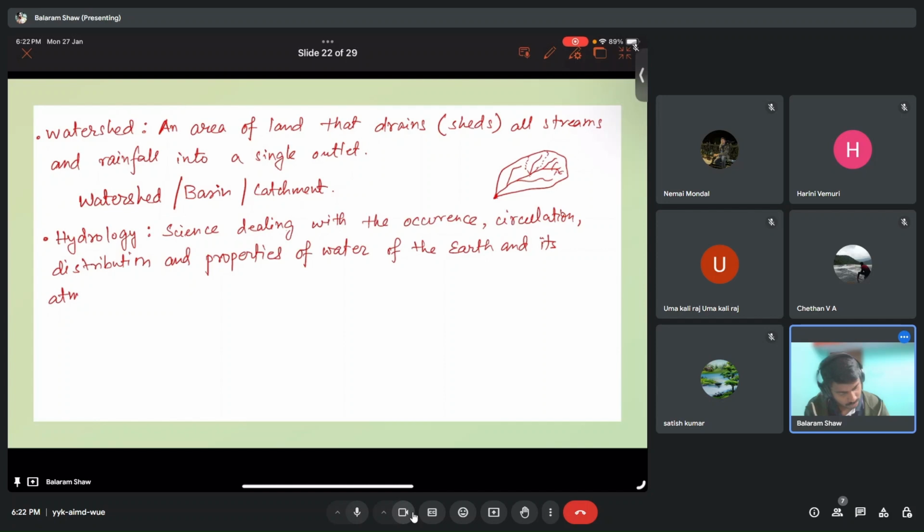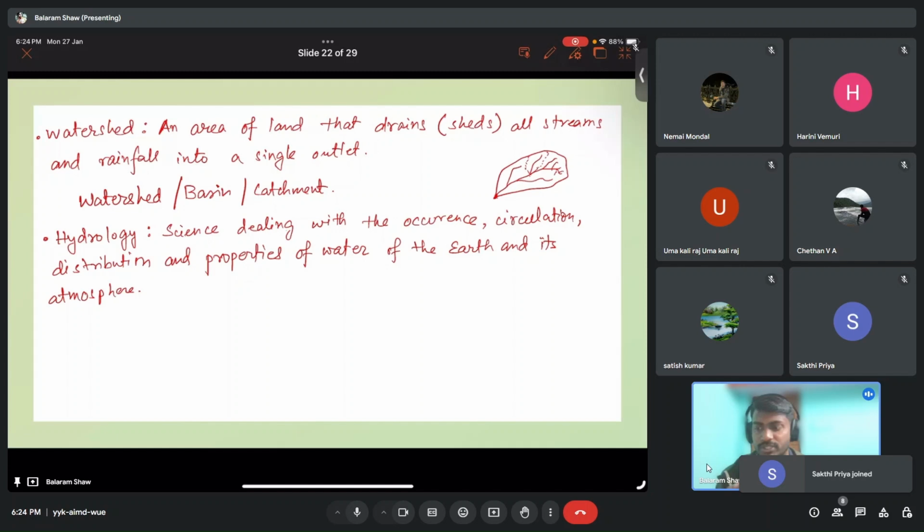We should know the basics of hydrology. What are the hydrological components? Hydrological components are the components which are present in the hydrological cycle or on the earth, let's say. So we'll be studying hydrological components in watershed hydrology, such as precipitation, interception, infiltration. There are several hydrological components which we'll study.